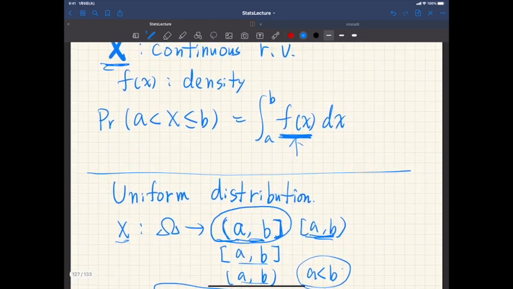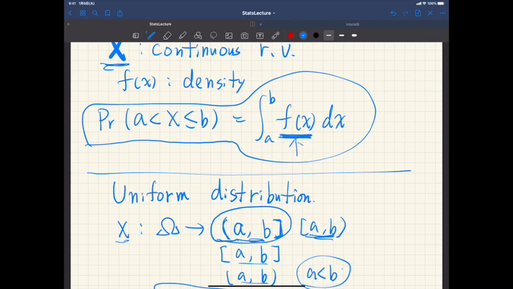So the probability is given by this integral. As long as this integral remains below one, then this is okay. From the first axiom of probability measure, this must be between 0 and 1. So if you integrate this and still have a value between 0 and 1, it's okay.